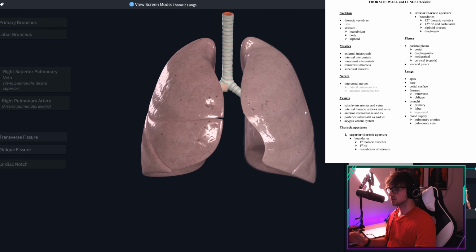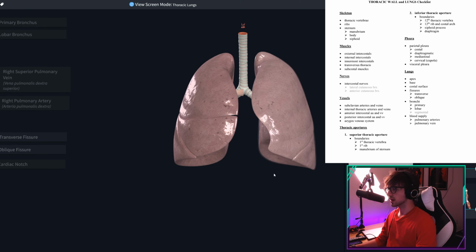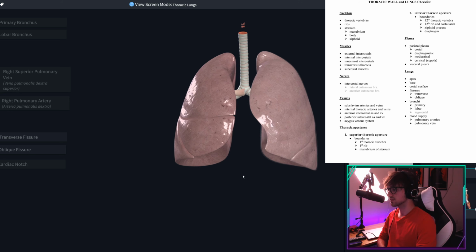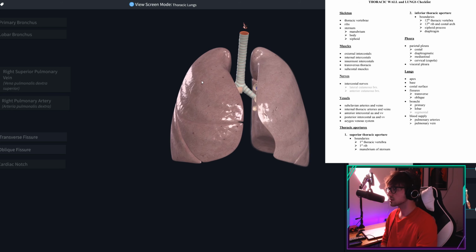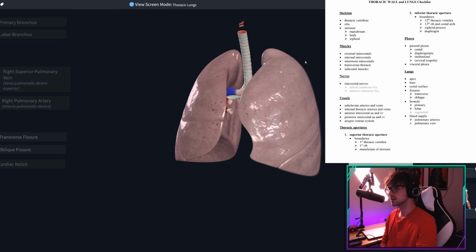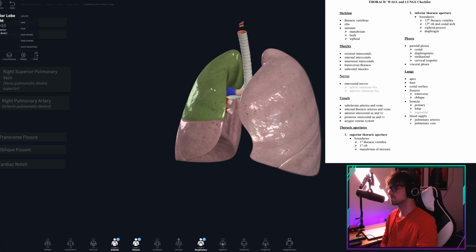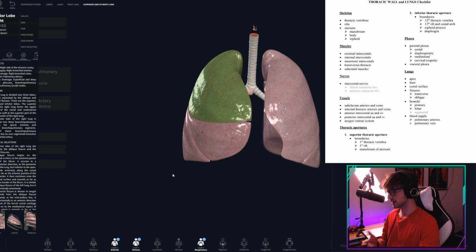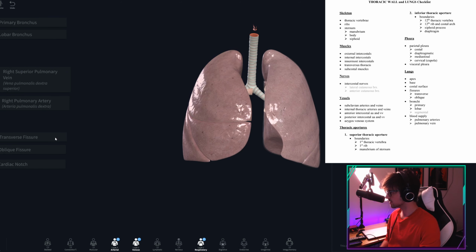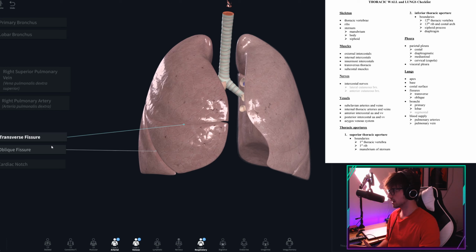Okay, so focusing on the lungs themselves now, I think you can figure out on the list the apex and the base of the lung, as well as, what else does it say? The costal surface. The big part is, we're looking right here at the right lung. It's going to let me click it. Okay, so the right lung is going to have a transverse fissure and an oblique fissure.